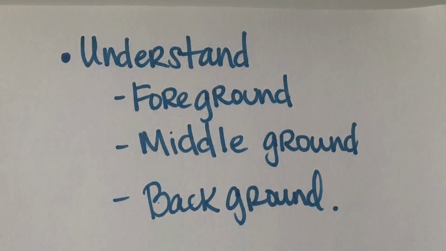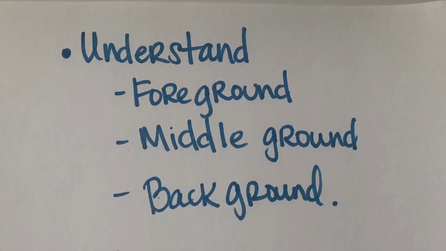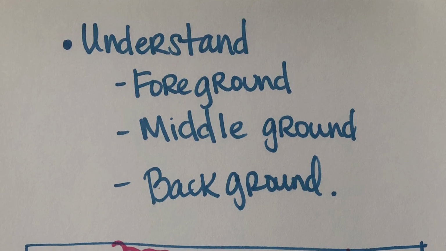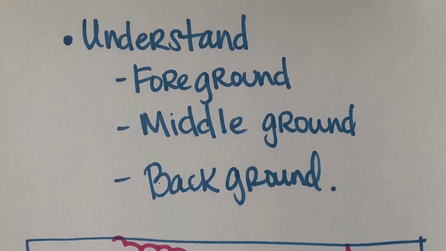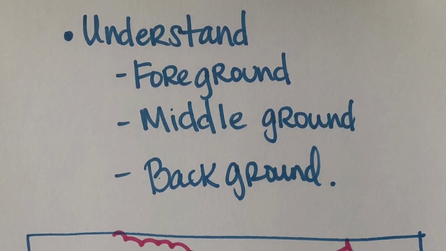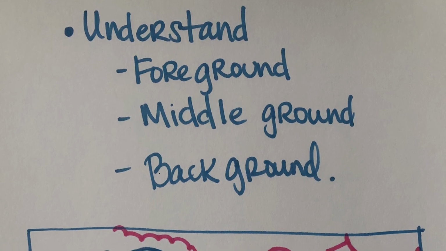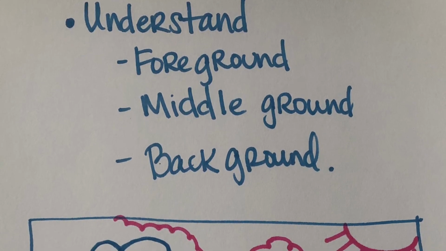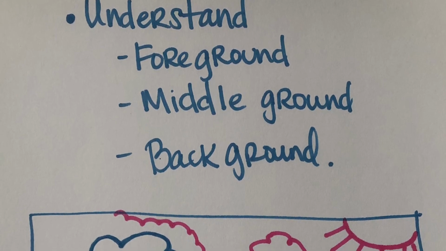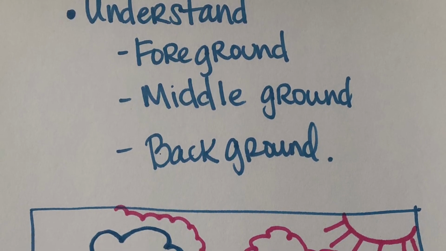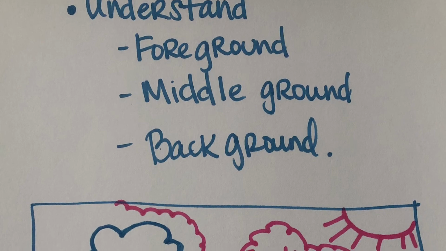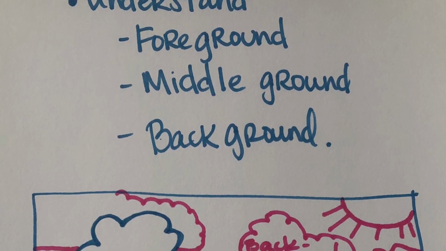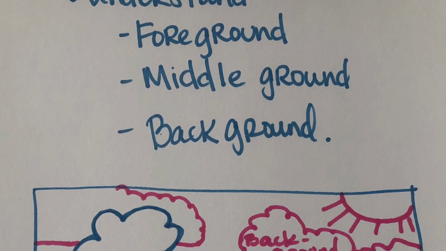Okay, so lastly, we need to understand foreground, middle ground, background. Honestly, I think you guys probably already know this. I don't think we need to spend too much time on it. It's just important that as you are creating pieces, especially if you're doing landscapes of any kind, that you have an understanding of the foreground, the midground, and the background, and how they're utilized.